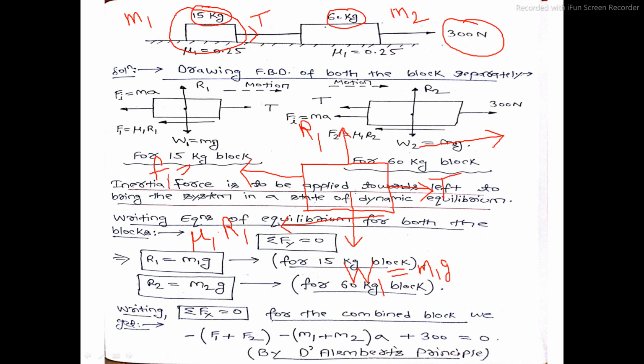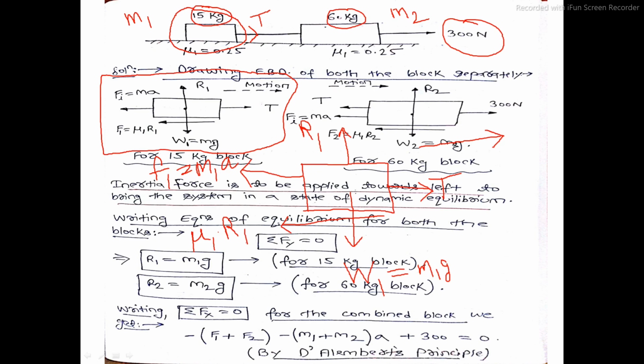F1 is equal to m1 into A, where m1 is the mass of the first block, that is 15 kg, and A is the acceleration with which the 15 kg block will move. Now is my FBD complete? Yes, it is complete. So this is the FBD for the 15 kg block.